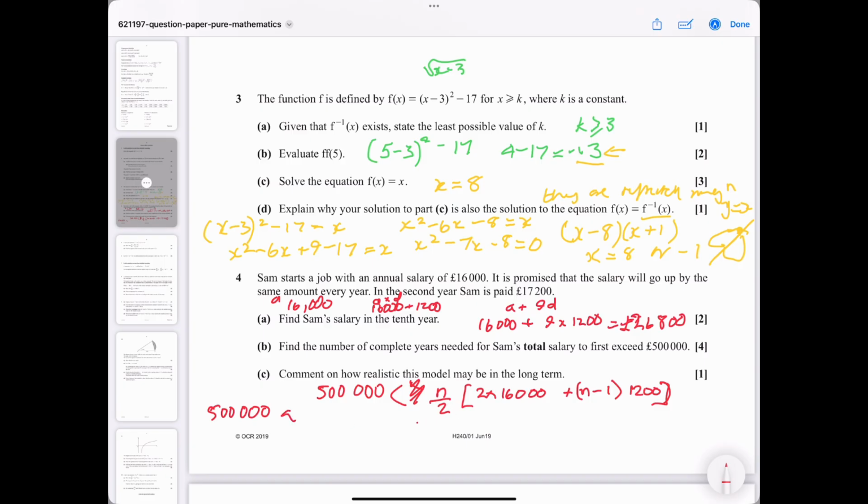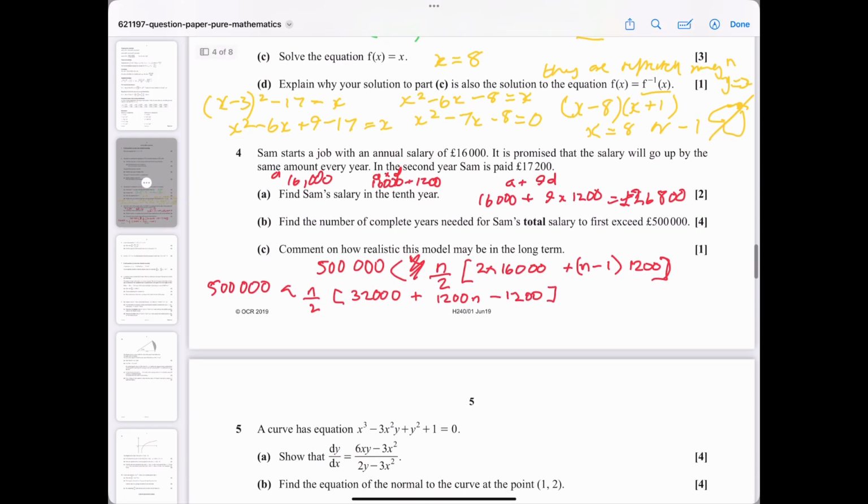Then we just solve that. So that's n over 2 times 32,000 plus 1,200n minus 1,200.